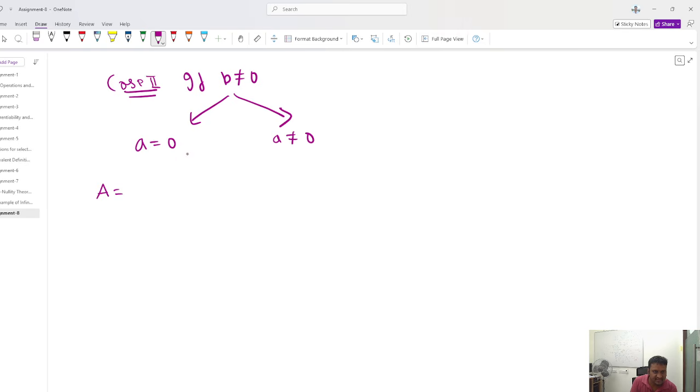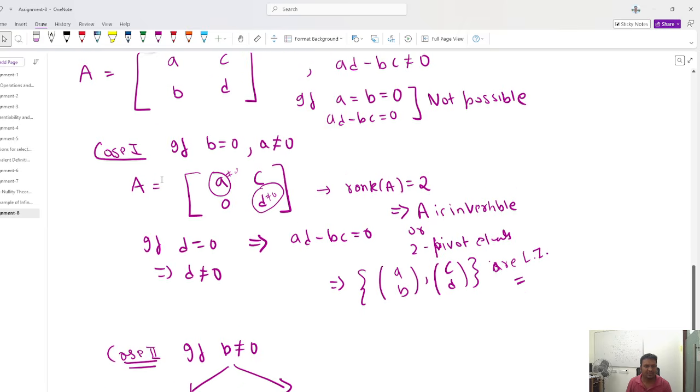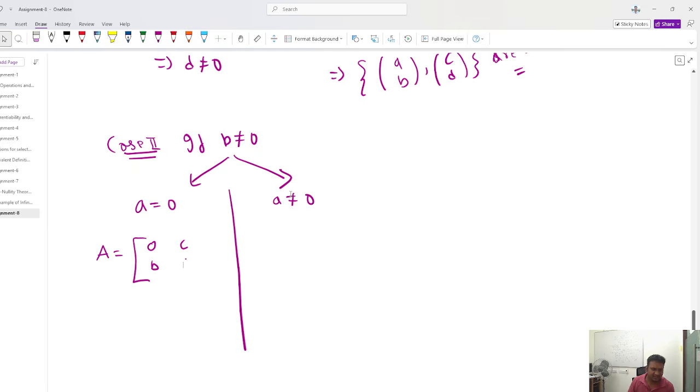So if A is 0, let us see. Here you have 0, here you have B, here you have C, here you have D, right?